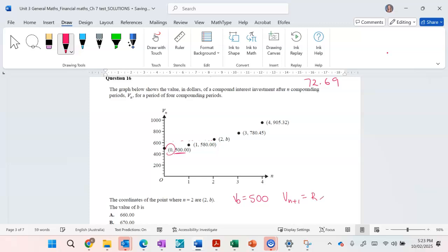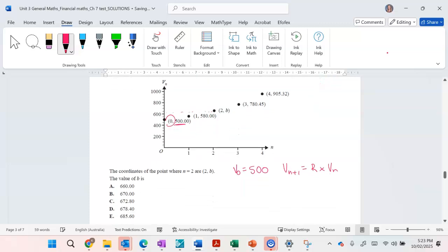so R times Vn. Now we do have to work out what the R value is. So we can use probably V1 and V0, the two easiest values. So V1 is 580. So substituting this into this part of our recurrence relation.